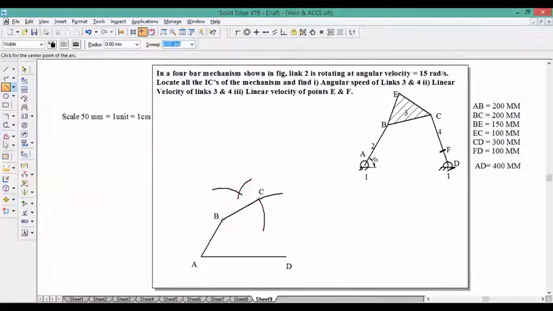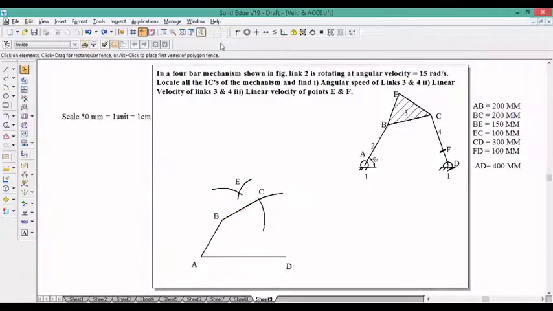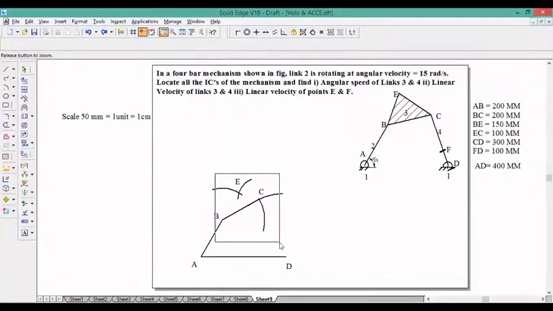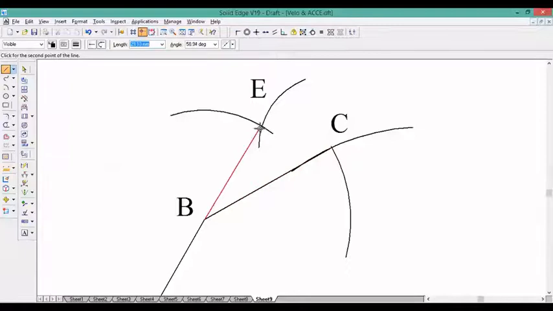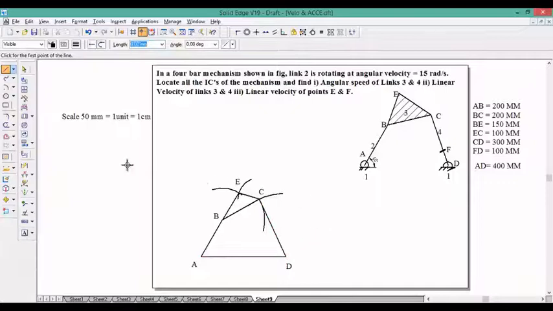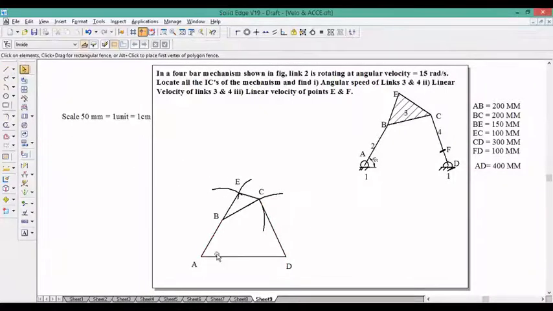That gives you point E. Join B to the intersection of these two arcs, E. So B to E, then E to C, then back to B. So this is the configuration diagram.